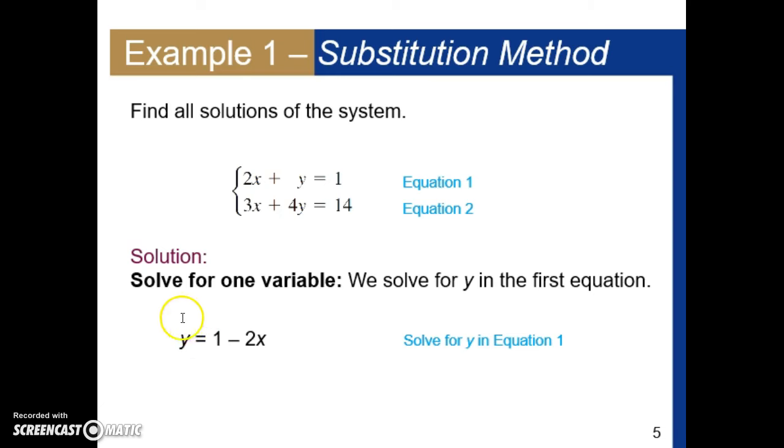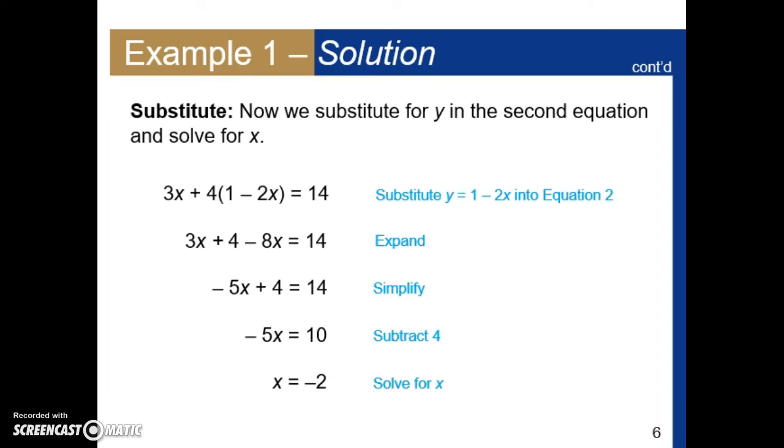Equals means equals. If y equals 1 minus 2x, then everywhere I see y, I can write 1 minus 2x instead. That's the substitution method at its heart. So I take that second equation, and where it has y, I substitute 1 minus 2x, and just as I said, now I have an equation in only one variable, the variable x.